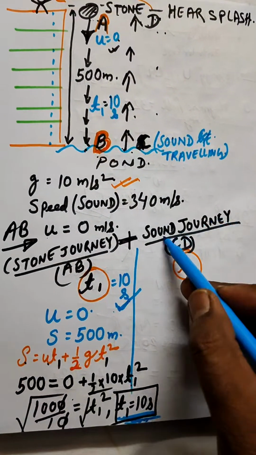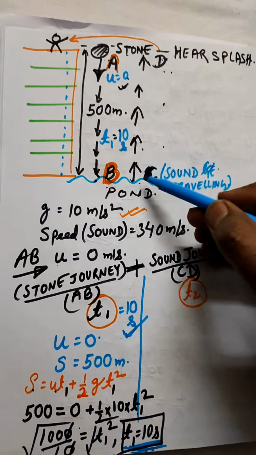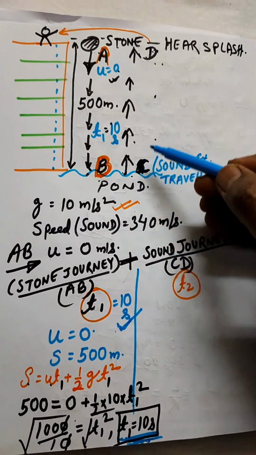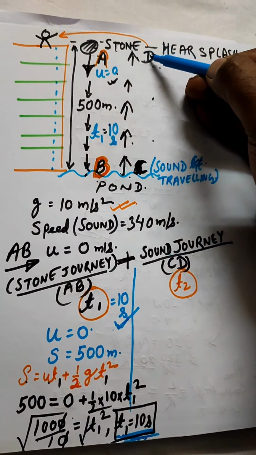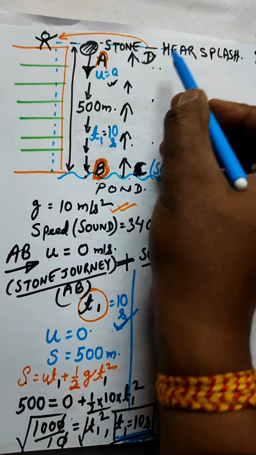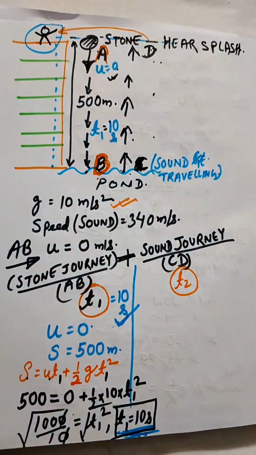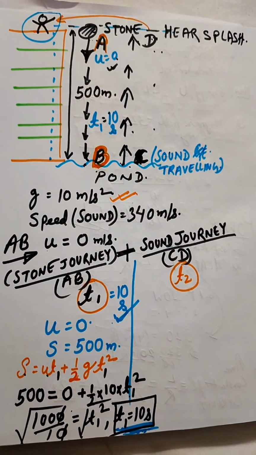The sound journey started from C. Sound starts from C and reaches D. When it reaches D, this is at your level. So then only you are able to listen at this point, right?